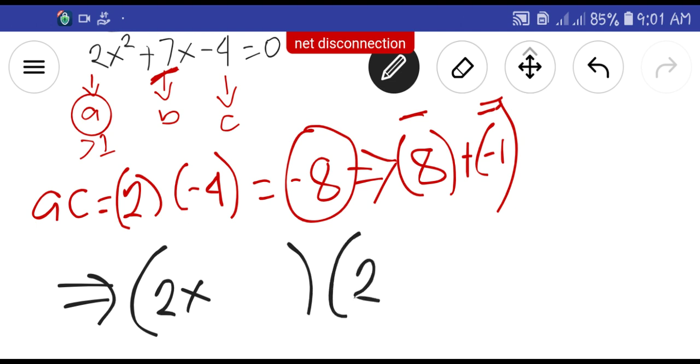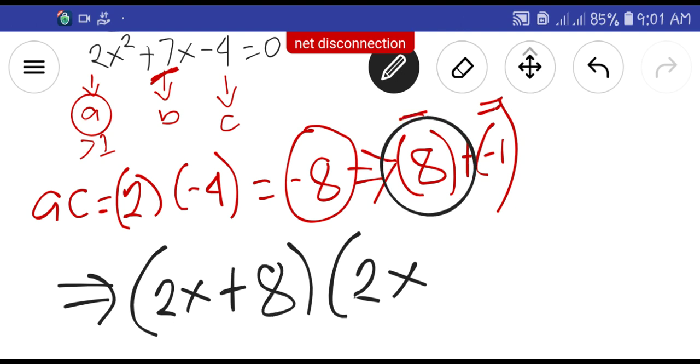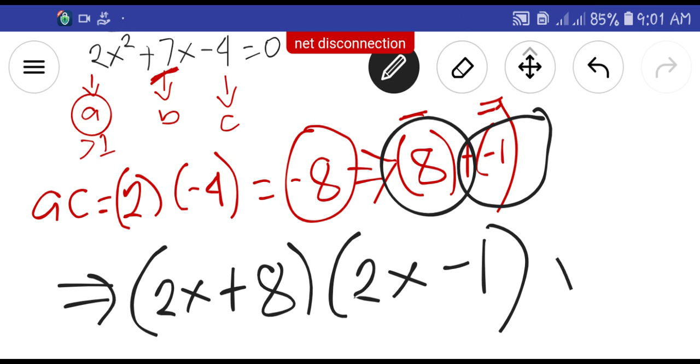We have also 2x here, and then we have the first factor, that's the positive 8, and the other one is negative 1. So this is now the factor of your quadratic equation, and this is supposed to be equal to 0.